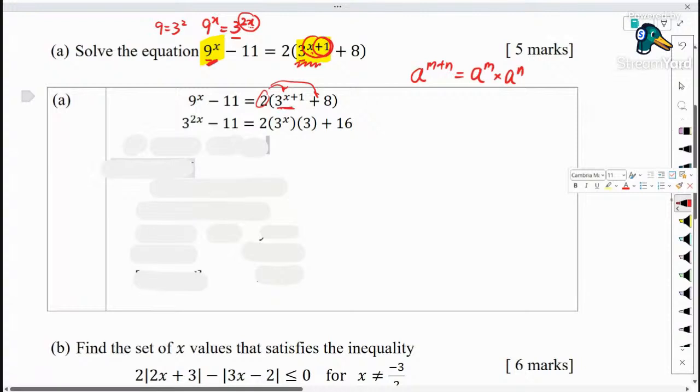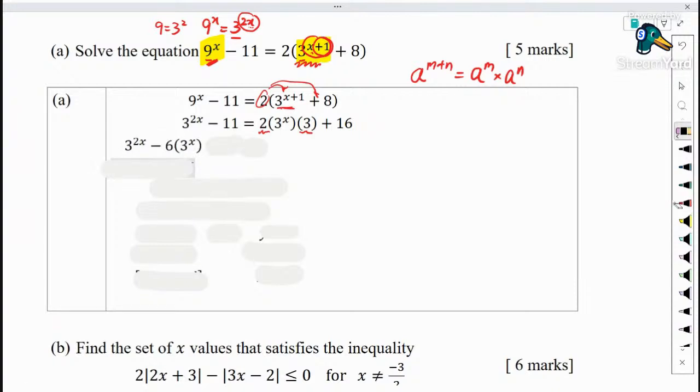Then in the next line, we can further simplify in the way that the 2 and 3 here, we can multiply to become 6. And also, we bring all the terms to the left-hand side. As a result, this is what we have: 3 power of 2x, negative 6 times 3 power of x, negative 27 equal to 0.